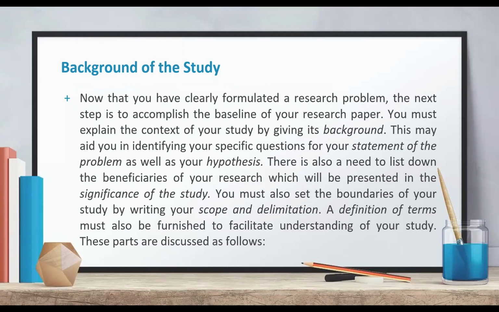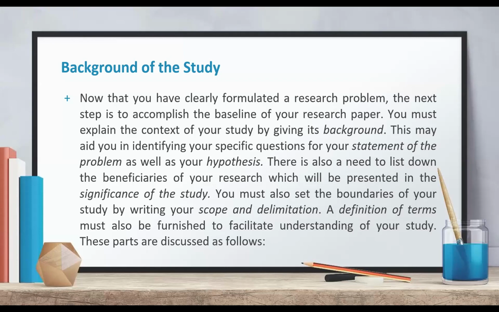okay, so now that you have clearly formulated a research problem, the next step is to accomplish the baseline of your research paper. You must explain the context of your study by giving its background. This may aid you in identifying your specific questions for your statement of the problem, as well as your hypothesis.